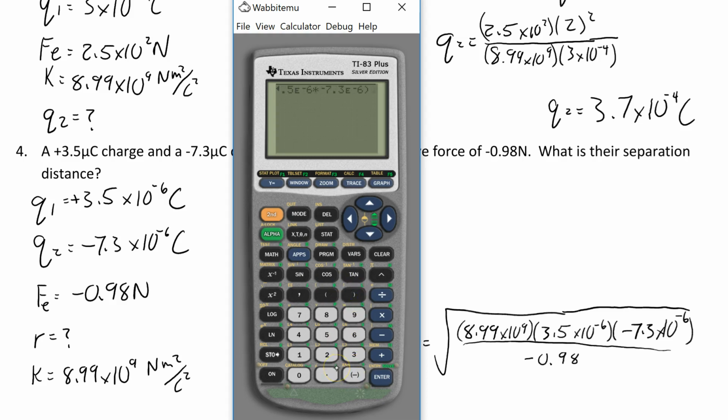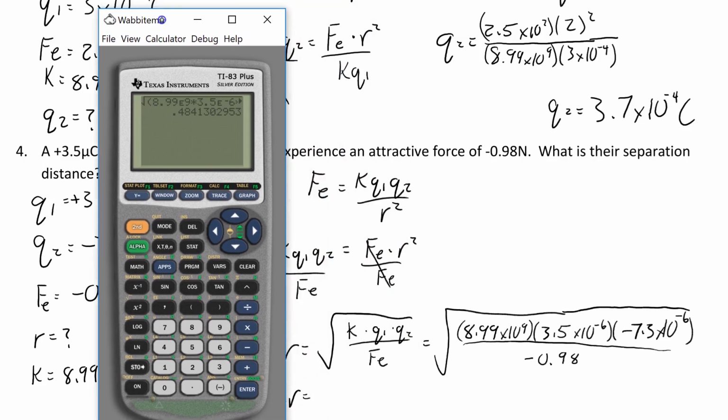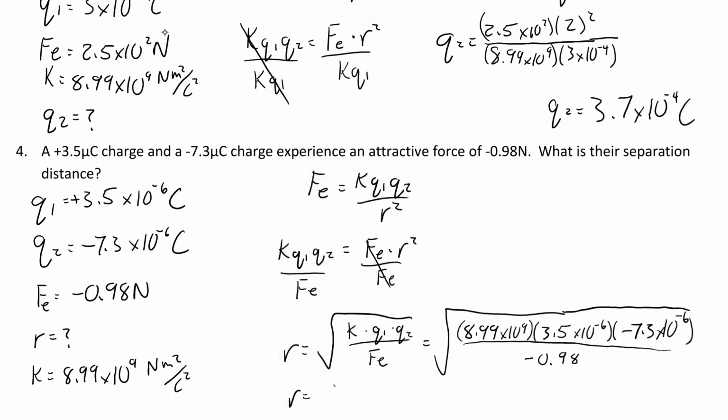Close the parentheses for the numerator, divided by, I like to put another set of parentheses for the denominator, negative 0.98. That's just the electrostatic force. You don't have to square that, because we're taking the square root for the radius. And that's all that she wrote. So you get 0.48, about half a meter. 0.48 meters.